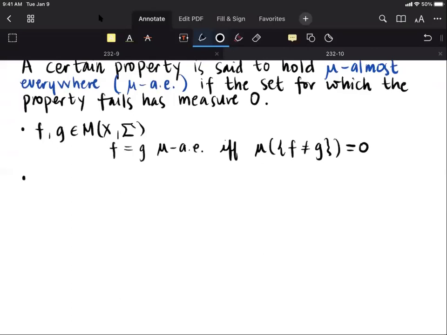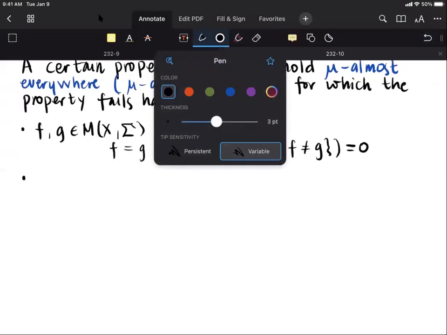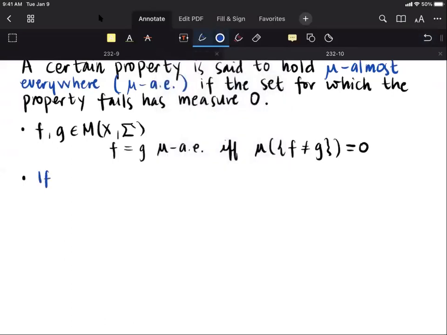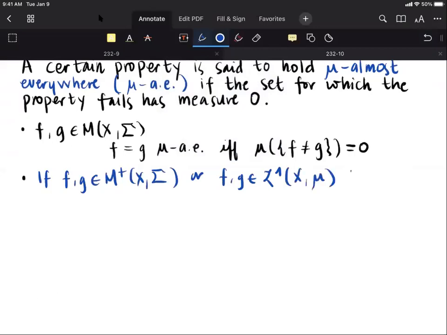And from this, if the functions are non-negative, or they are Lebesgue integrable, and they are equal almost everywhere, then the Lebesgue integrals coincide.